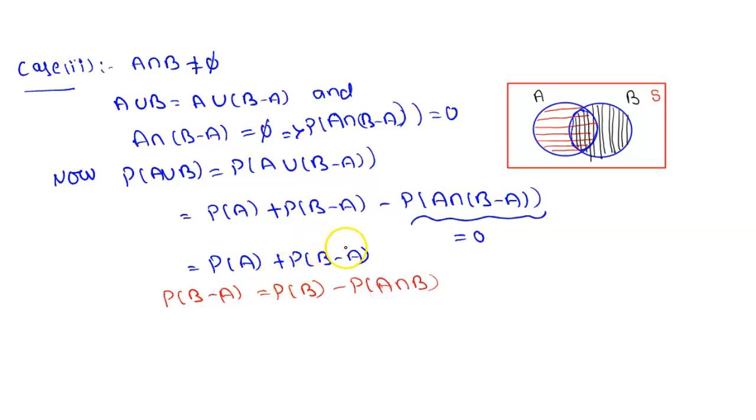So here I can replace the value of P of B minus A in the above. P of A union B is equal to P of A plus P of B minus A. This is the above result, which I am writing as it is.